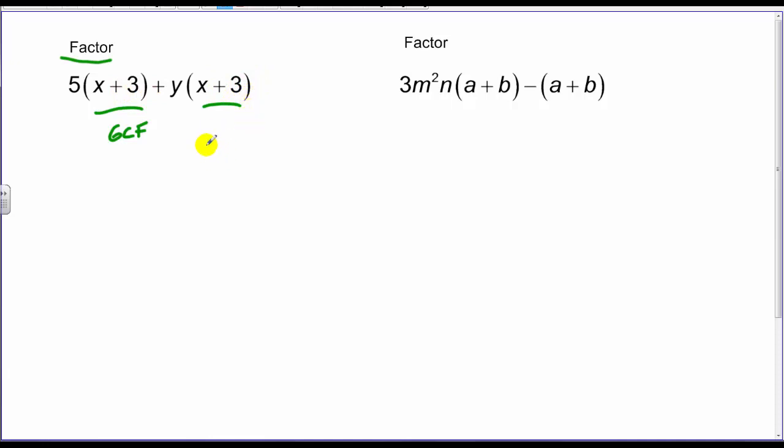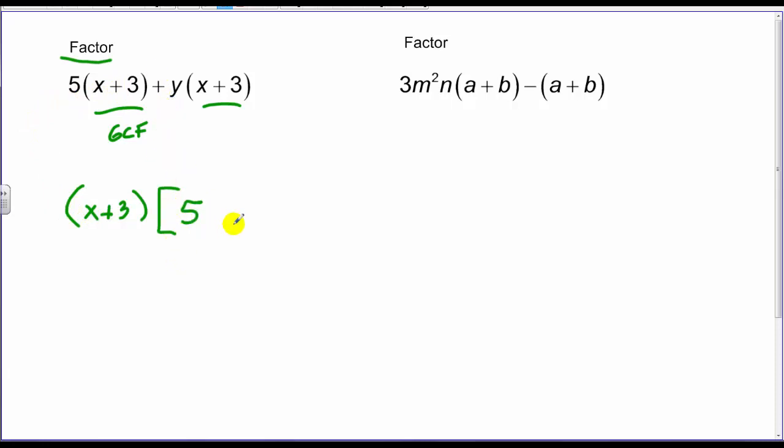So if I factor the GCF out, I say, well, x plus 3 times something is going to give me this term back. So what must I multiply x plus 3 by to get my original term? X plus 3 times what is 5 times x plus 3? Well, that's simply 5.